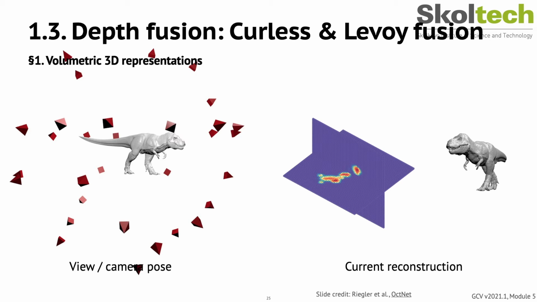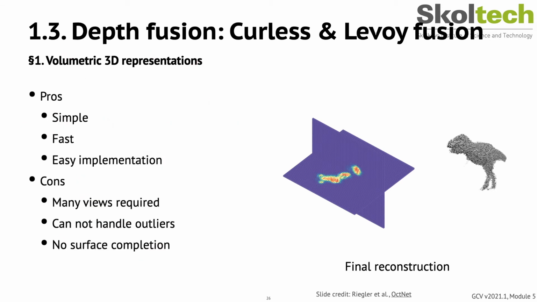The method is actually simple and fast, and it also allows easy implementations. However, it has a number of disadvantages because many views are typically required to build a good reconstruction. While it is still possible with modern cameras that take depth at 30 FPS, it's still kind of suboptimal because you need to really have a lot of views to obtain the full reconstruction.